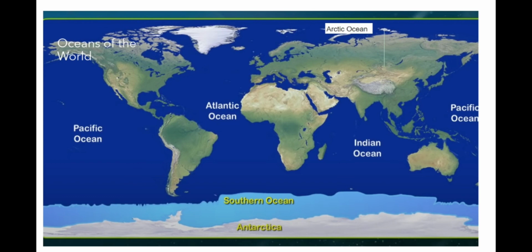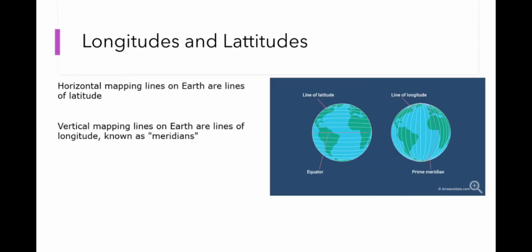Then we go to longitudes and latitudes. Now, as I had said, for the study of the earth, we draw some imaginary lines. Now, to find the exact places, the direction, some lines are drawn.